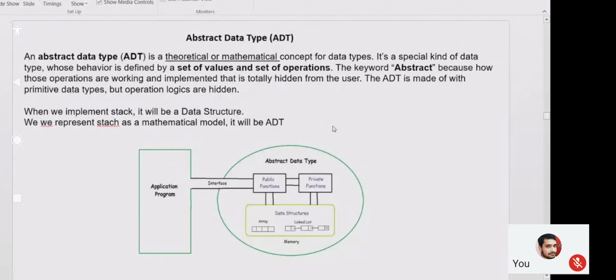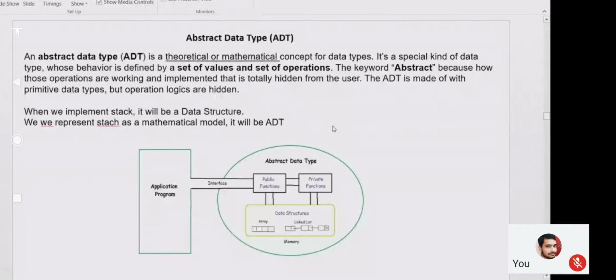So when we implement stack, it will be a data structure. When we implement a list, it will be a data structure. When we implement queue, it will be a data structure.